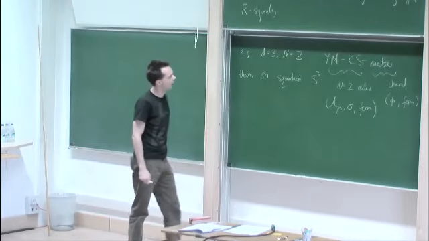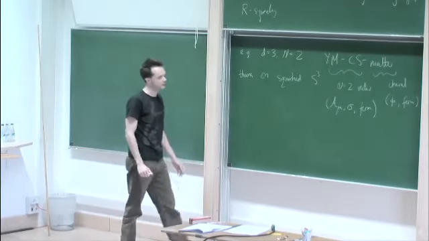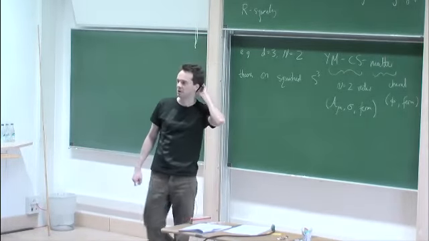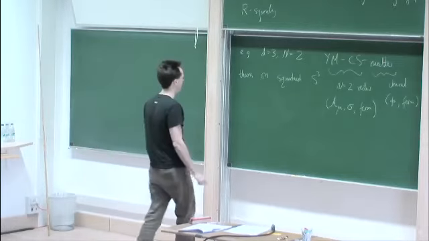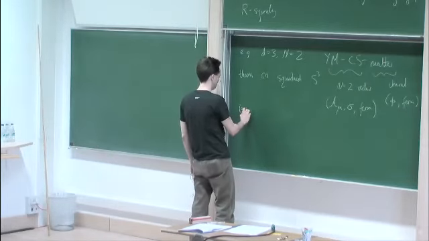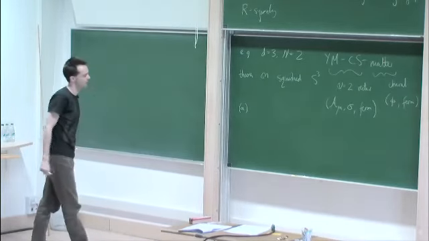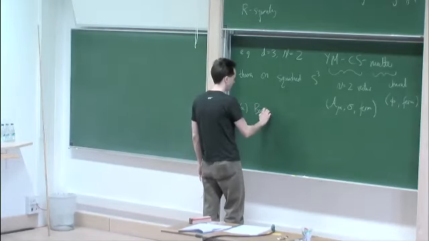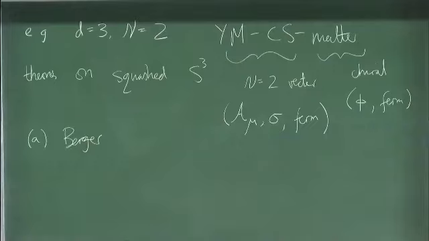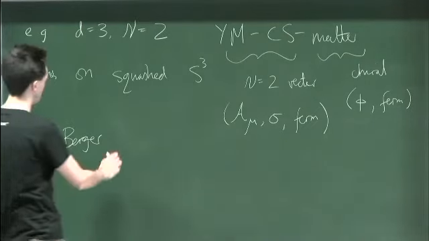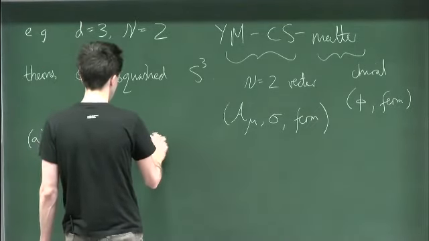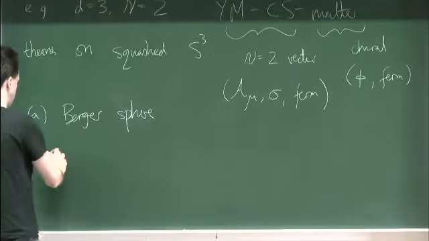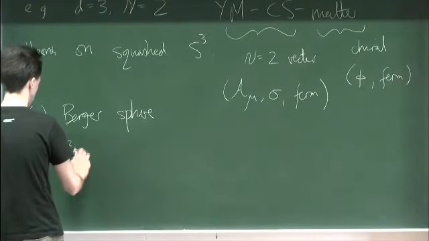And so these squashed spheres, in fact, there are a number of models on the market in the literature. There are 3. So I'll write them down, what they look like. The first one is often called the Berger sphere by mathematicians. And the metric looks like this. So it's a metric on S^3.